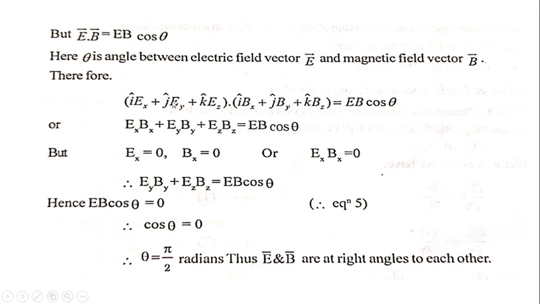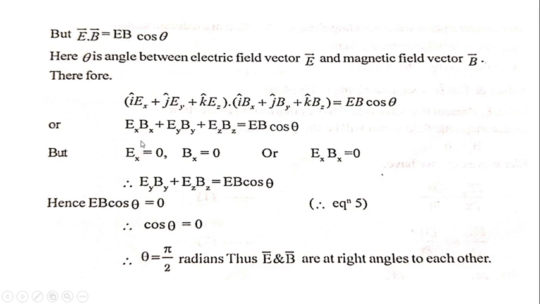After taking the dot product of these two brackets, I bar Ex dot I bar Bx gives Ex Bx, J bar Ey into J bar By gives Ey By, and K bar Ez dot K bar Bz gives Ez Bz, where I bar dot I bar is equal to 1, J bar dot J bar equal to 1, and K bar dot K bar equal to 1.